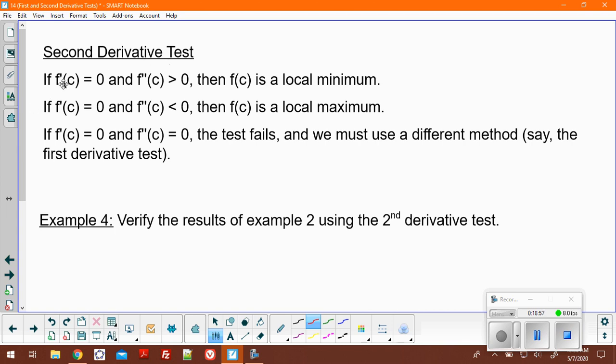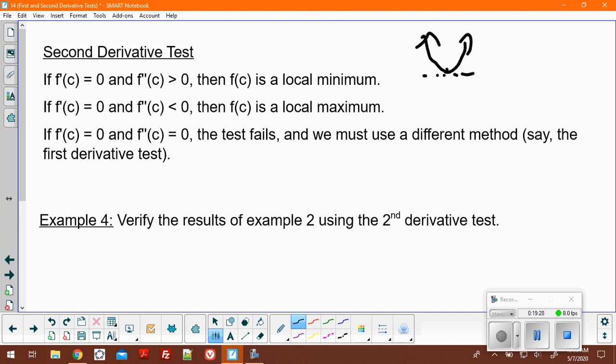So that's what the second derivative test says. If f prime of c is equal to 0, so your first derivative is 0, and your second derivative at the same value is positive, then you have a local minimum. That sounds opposite to positive, but that's what happens. What that's saying is my first derivative is 0, so the slope of the tangent is 0 at that point. f double prime being greater than 0 means that it is concave up.